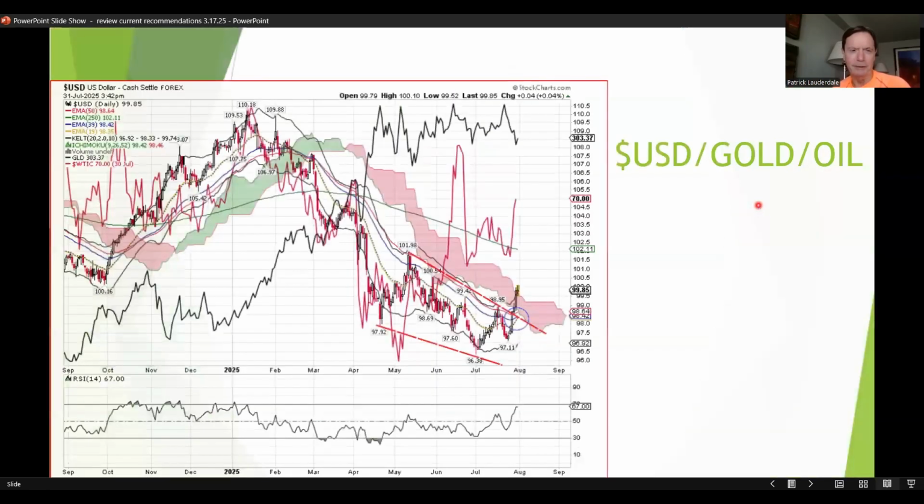Again, what a crash. Now, this chart I'm showing you is looking at the US dollar, and I think this is really important because whether you're buying copper, silver, gold, silver mining stocks, gold mining stocks, any of those things is going to be affected by the US dollar.